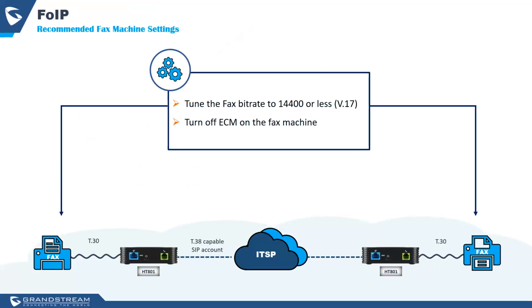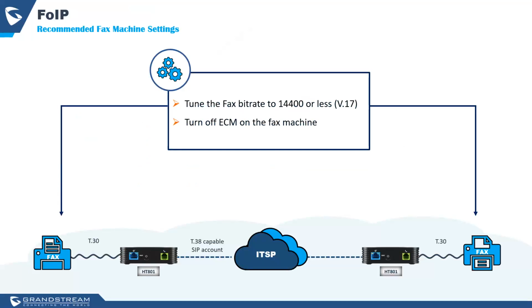So you need to make sure that the fax machine is adjusted for that bit rate. Some fax machines don't show the bit rate, but they might give you a high speed transmission, medium speed, low speed. So you always want to start with the low speed. Medium and high speed is used for another modulation standard, which is V34.